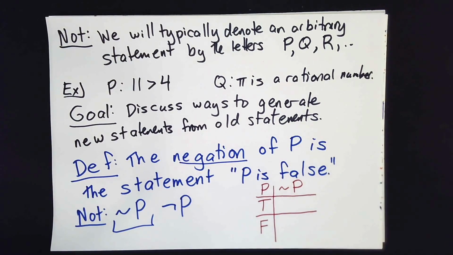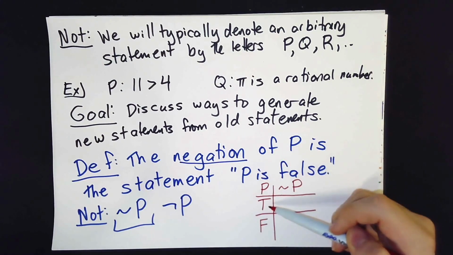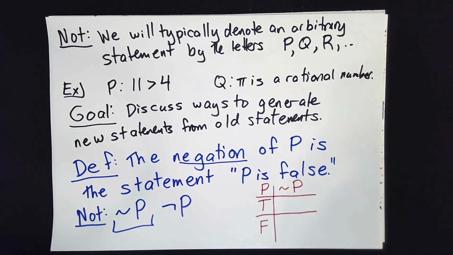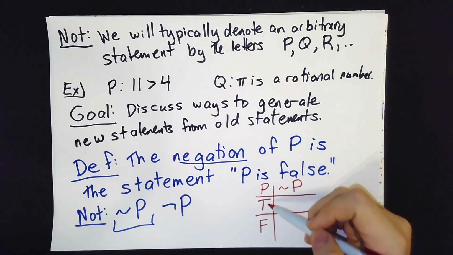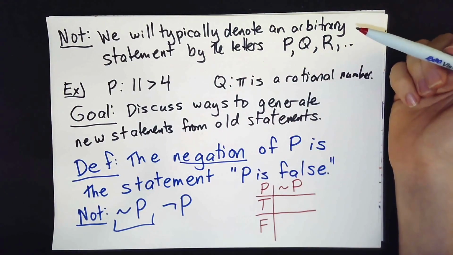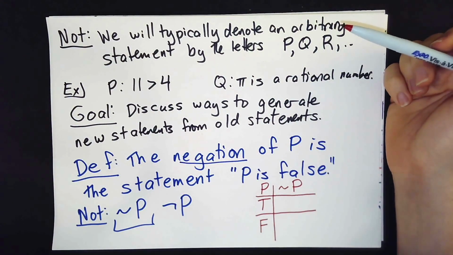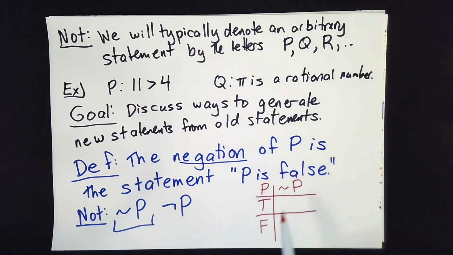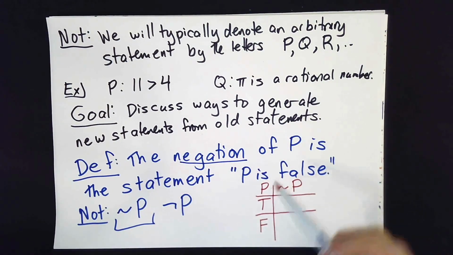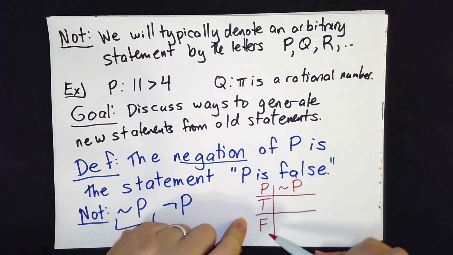And note, the truth value of the negation of P will not change no matter what true statement P is or what false statement P is. So if the true statement is 11 is greater than 4, or pi is irrational, or there are infinitely many primes, it won't change whether the negation of P is true or false. So this column tells me what P is.